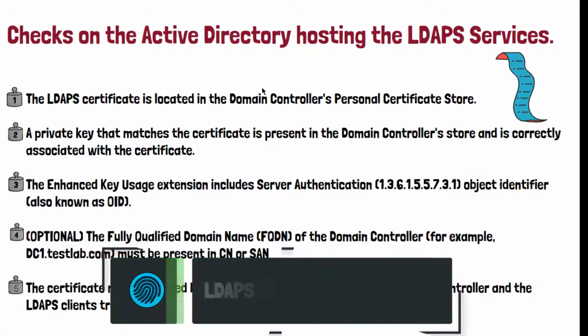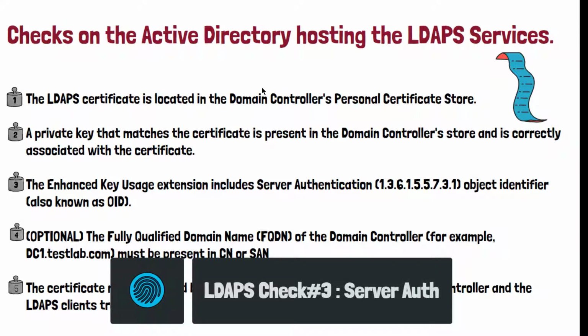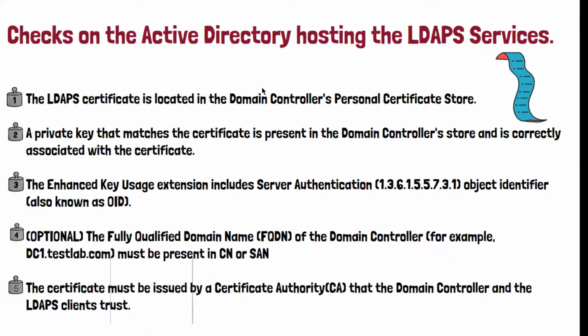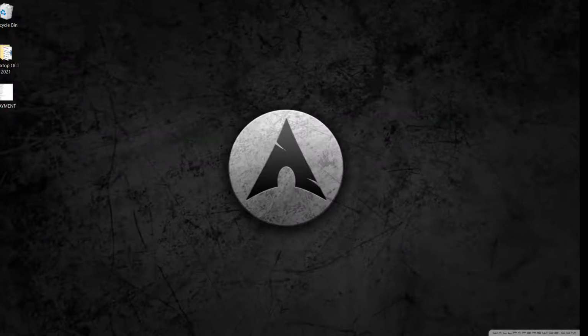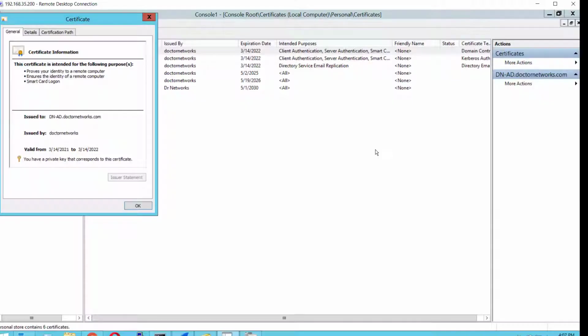Now here is check number 3. The enhanced key usage extension includes the server authentication OID, or object identifier. Now it's turning out to be a Microsoft kind of tutorial, but you know what? There's not a lot you have to do on ISE. Almost everything should be perfect on the LDAP server itself.